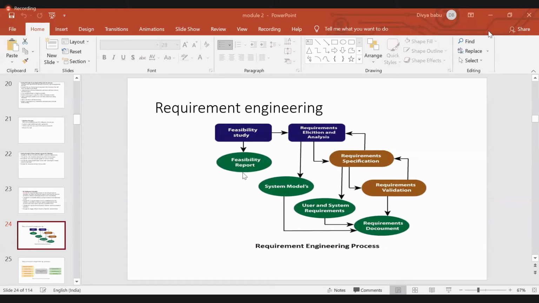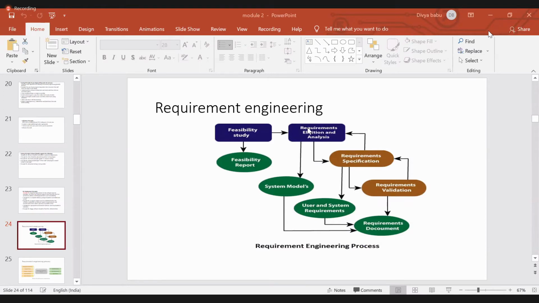After the feasibility study, you will get a feasibility report. In that report, it is clearly mentioned which requirements are feasible to implement and which are not. We have budget constraints, and all the details will be listed in the feasibility report. Then after the feasibility study, we go for requirement elicitation and the analysis process.